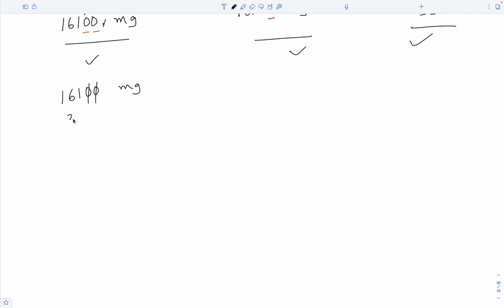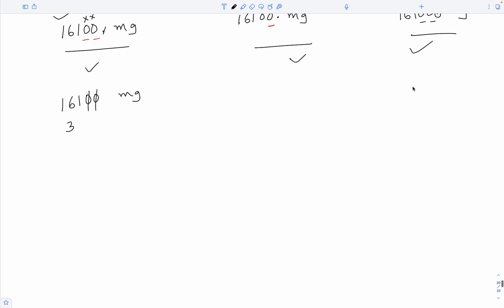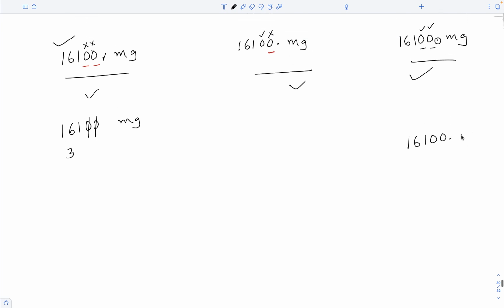So in this measurement, there are only 3 significant figures. And if the measurement given is 16100 dot milligrams, then understand that all the trailing zeros are significant. So here there are 5 significant figures. Then what about this case? This convention does not cover this case.